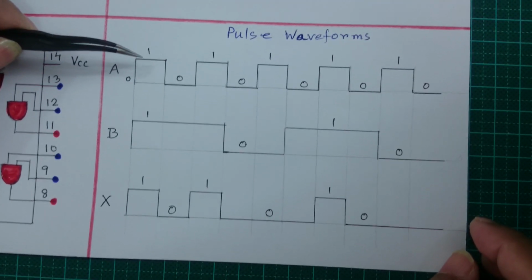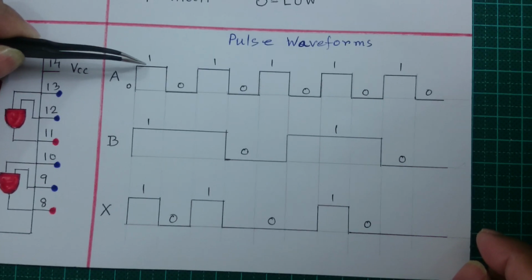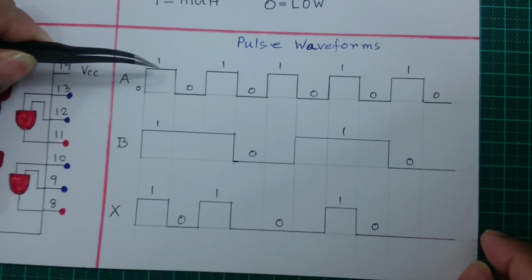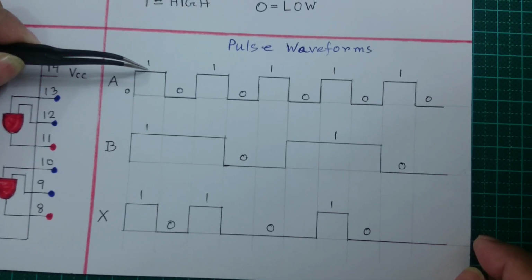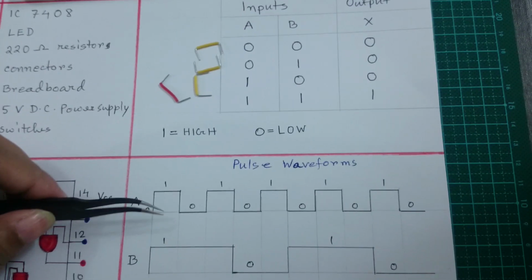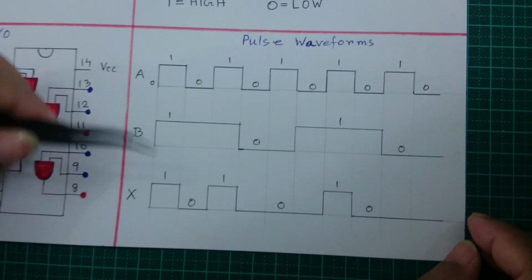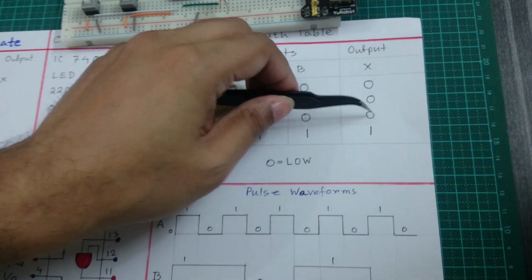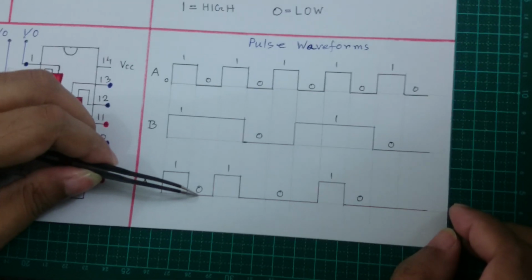Here if you look closely, here is 1 and here is 0. So as here is 1 and 1, so 1 and 1 will give output 1, so the output form will be high, and here 0 and 1, 0 and 1 output will be low, so here output is low.